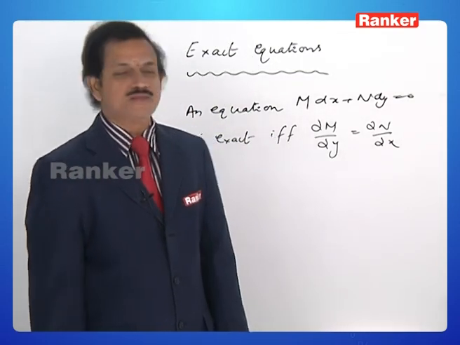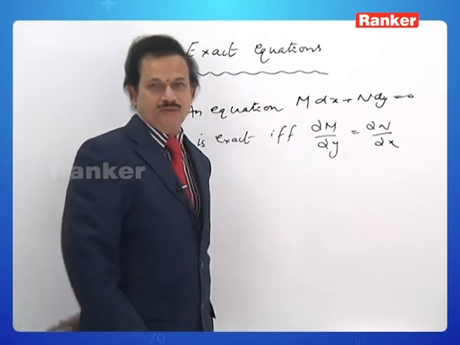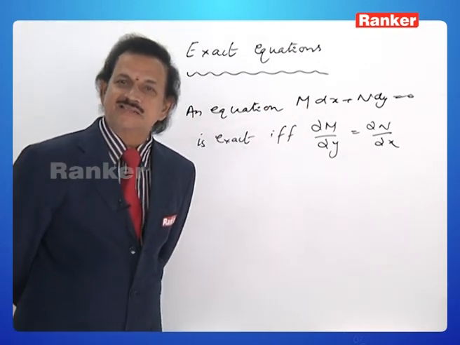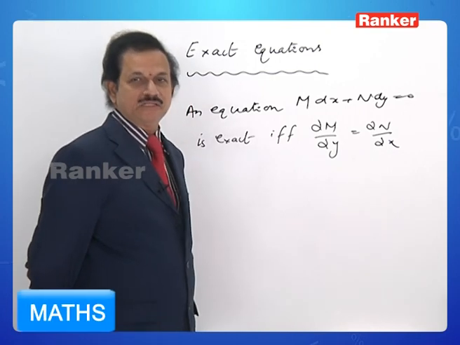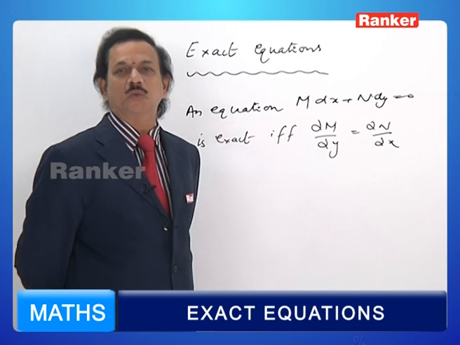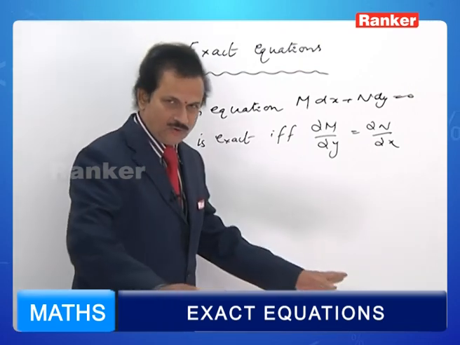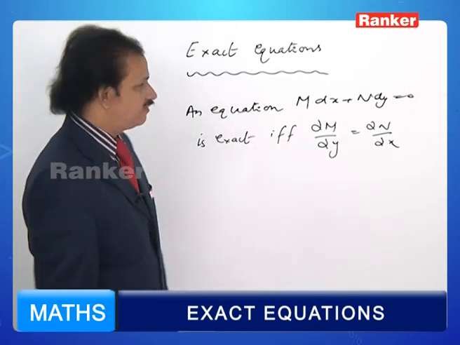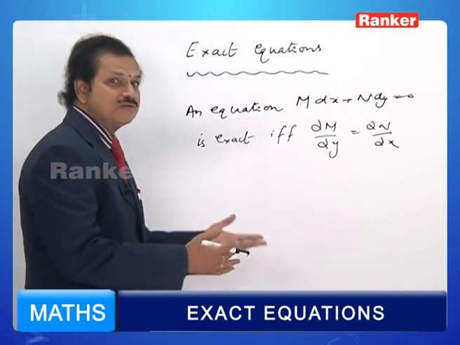Suppose a problem is given in this form, M dx plus N dy is equal to 0. How to test whether it is exact? You must observe that dou M by dou y is equal to dou N by dou x. Then you could have verified that the given equation is exact. Then what about the solution?